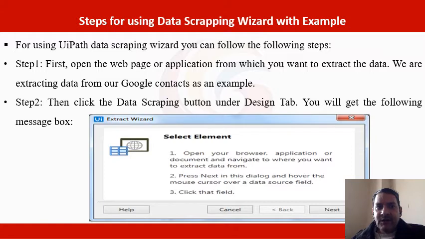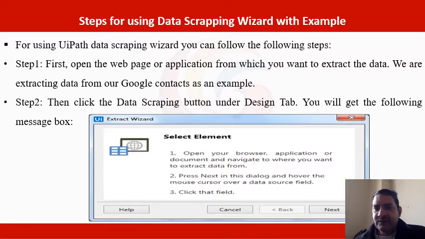We have used UiPath in this robotic process automation. For using the UiPath data scraping wizard, you can follow these steps. Step 1: first of all, you will open the web page or application from which you want to extract the data.